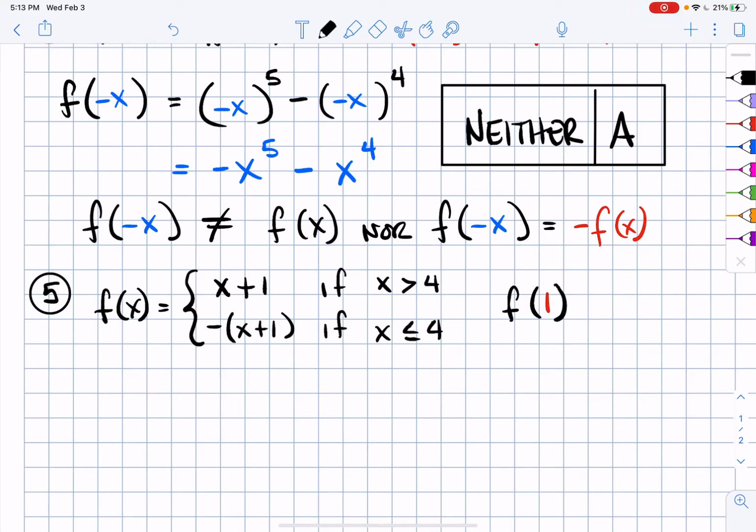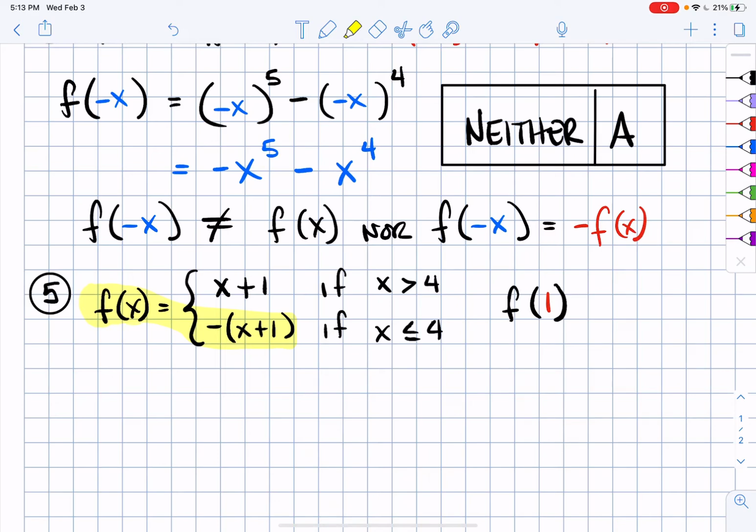So the question is, this 1 right here, is that in this range or in this range, right? Is it greater than 4 or is it less than or equal to 4? And the answer is that it is less than or equal to 4, so therefore I would use this equation right here.